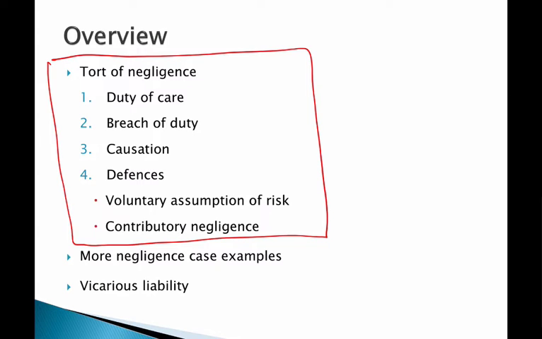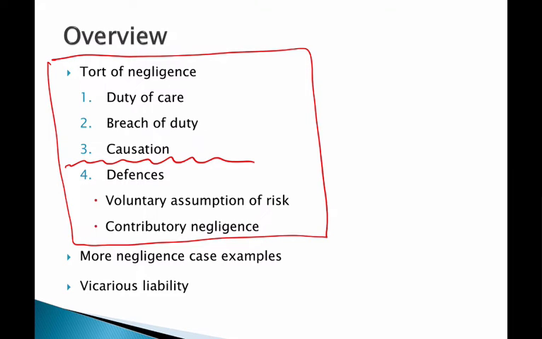So to understand negligence, and we'll definitely come back to this a number of times, we need to understand how we show whether someone is liable for negligence or not. And there are 3 steps followed by the questions around a defence. So this will determine the level of liability that you hold. And you need to do these steps in order. And we'll go into that in more detail.